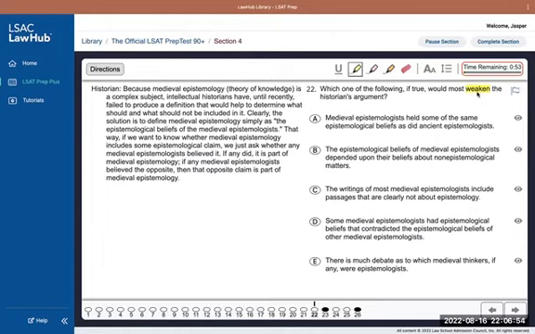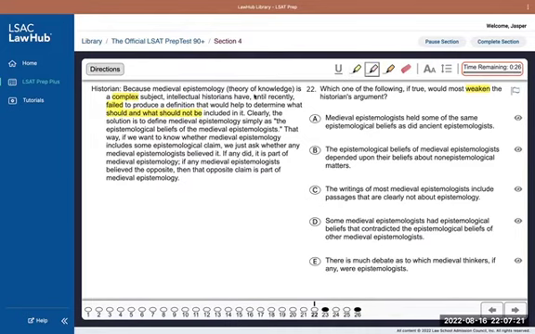Okay. Historian says, because medieval epistemology, epistemology being the theory of knowledge, is a complex subject, intellectual historians have, until recently, failed to produce a definition that would help to determine what should and what should not be included. All right, so it's complex, failed to define what's in and what's out of this definition.